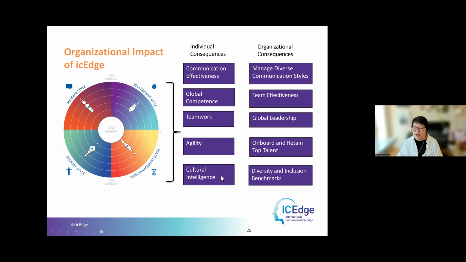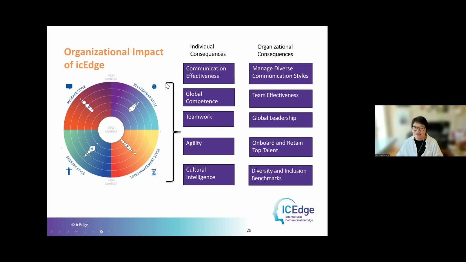Most of them, like cultural intelligence, agility, communication effectiveness, and teamwork smoothness, have been tested.